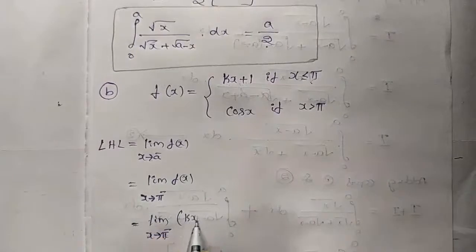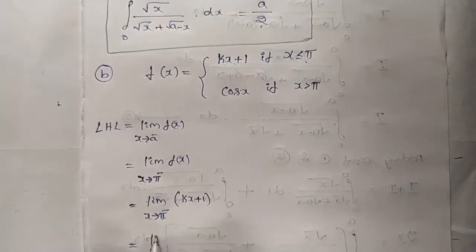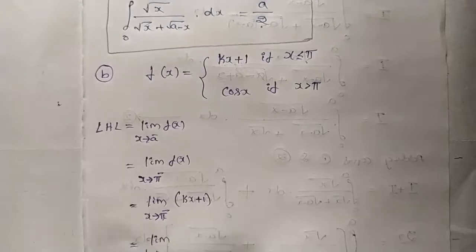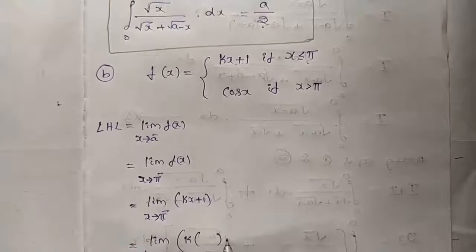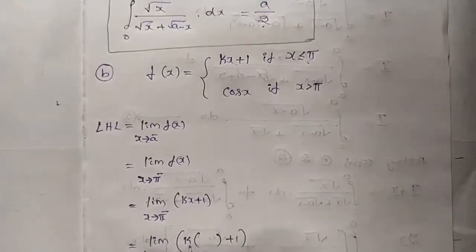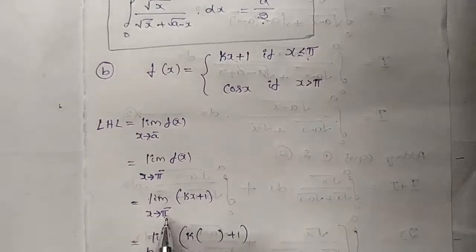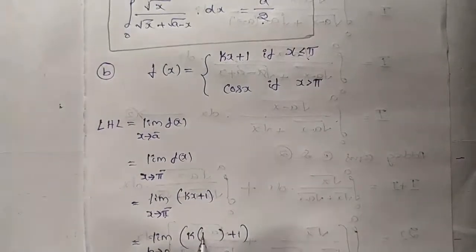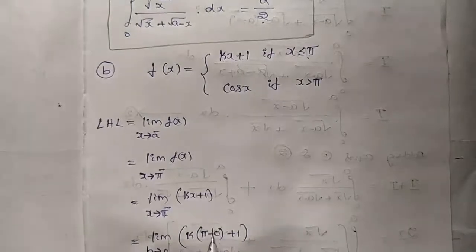So kx plus 1, that is equals to, here I am going to take limit h tends to 0, in place of x put pi minus h.